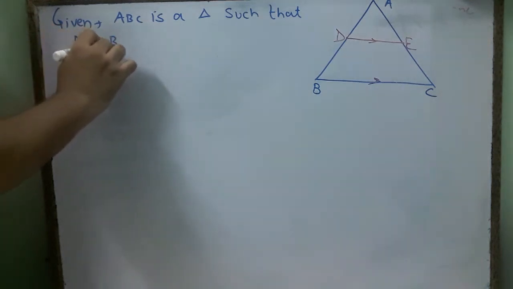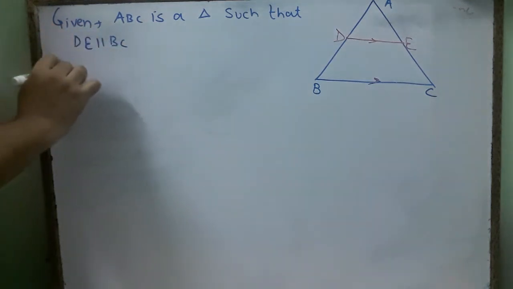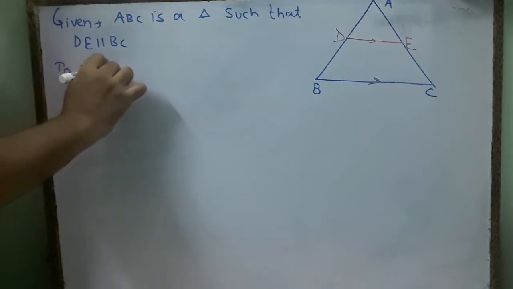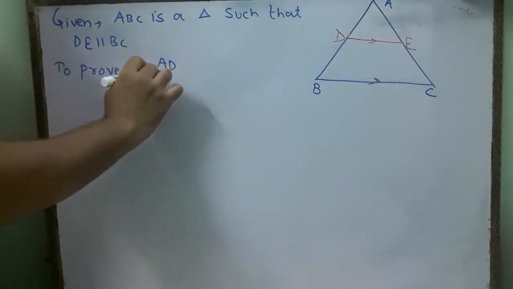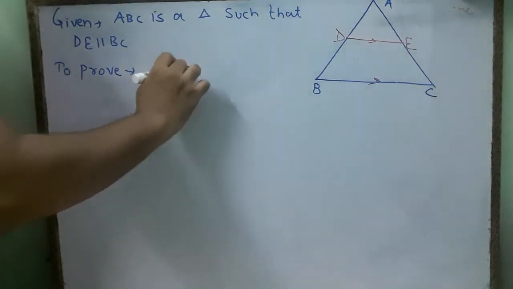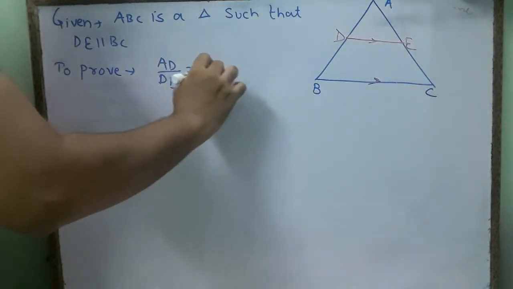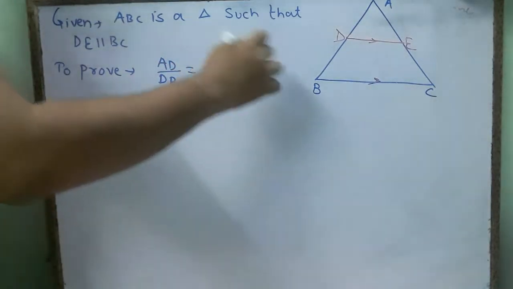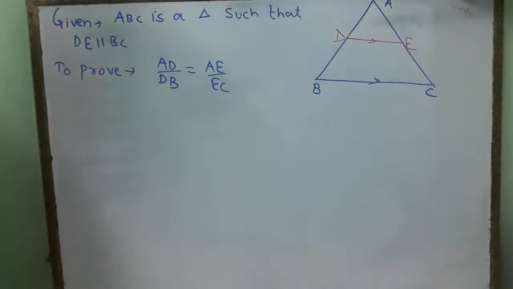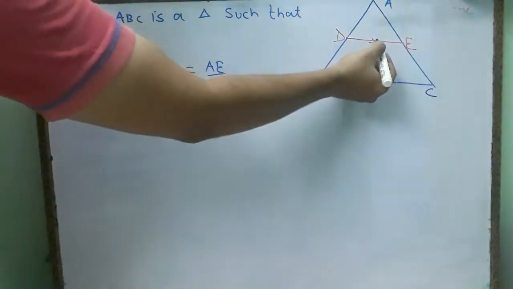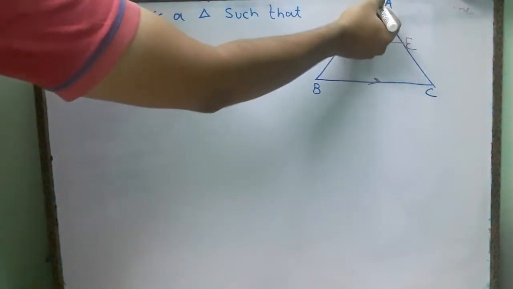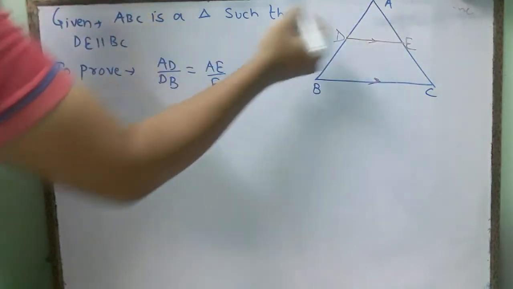This is given. Now what we have to prove? To prove: AD divided by DB is equal to AE divided by EC. I have earlier told you how to select this: go just opposite to this vertex, select this and start from here.